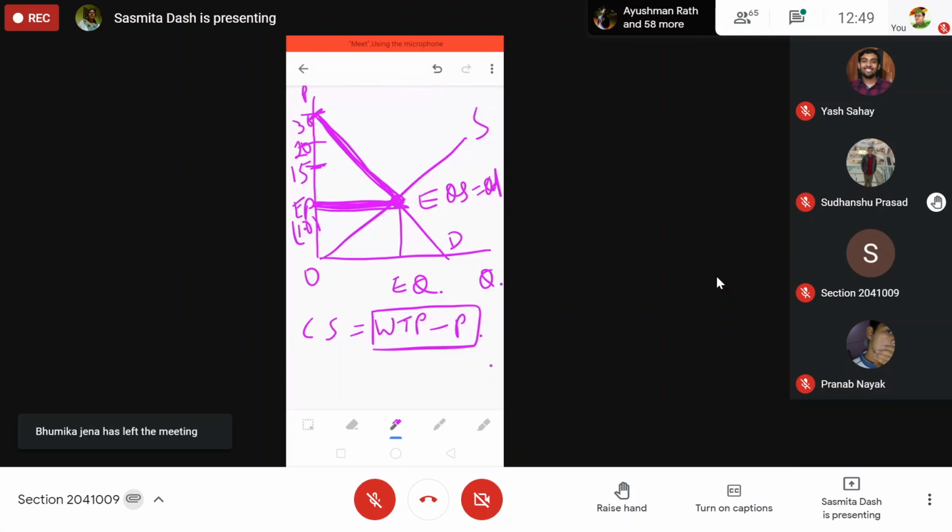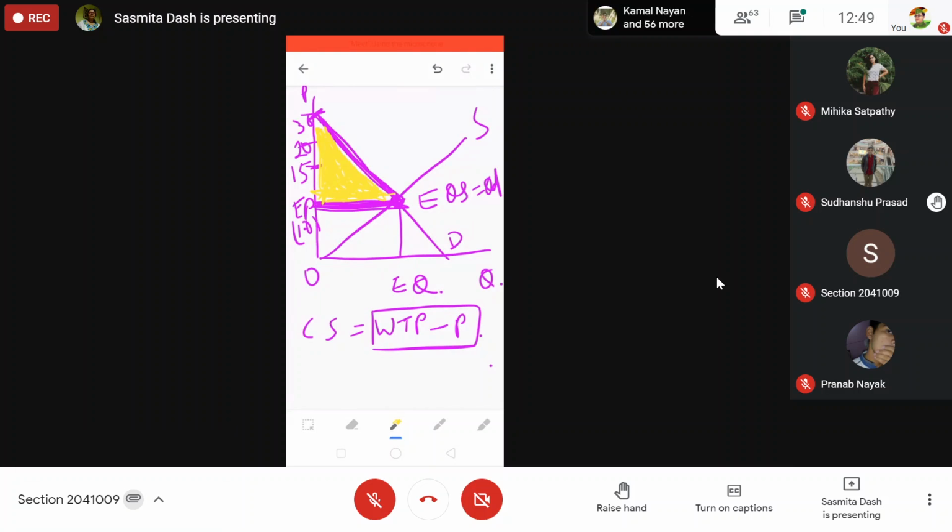So this whole area will be consumer surplus. Those people who are willing to pay more but actually pay less have more consumer surplus.